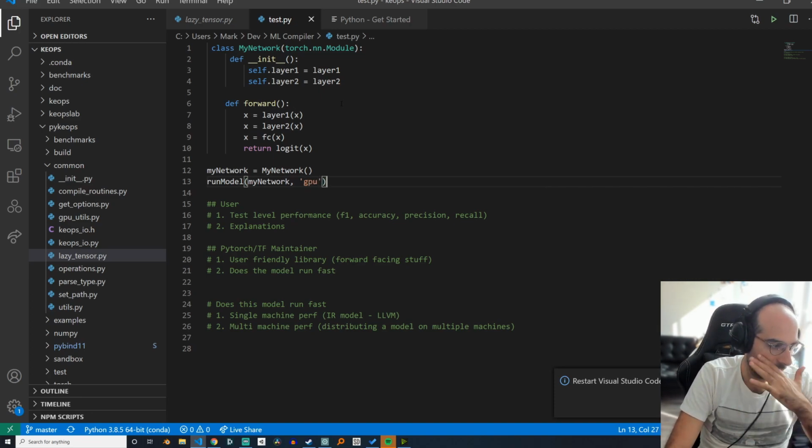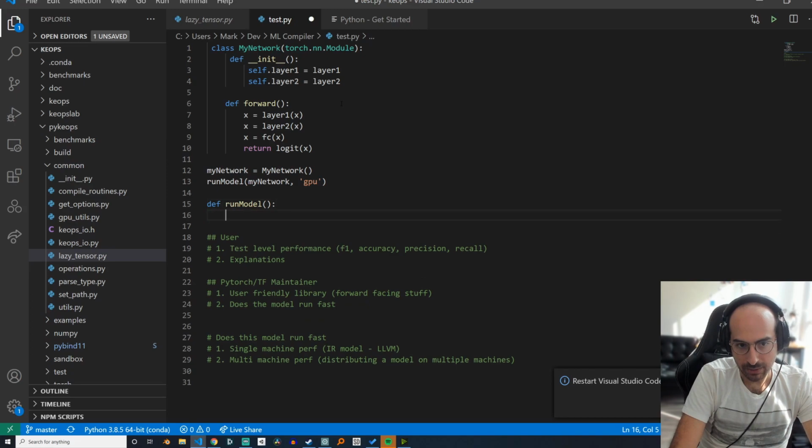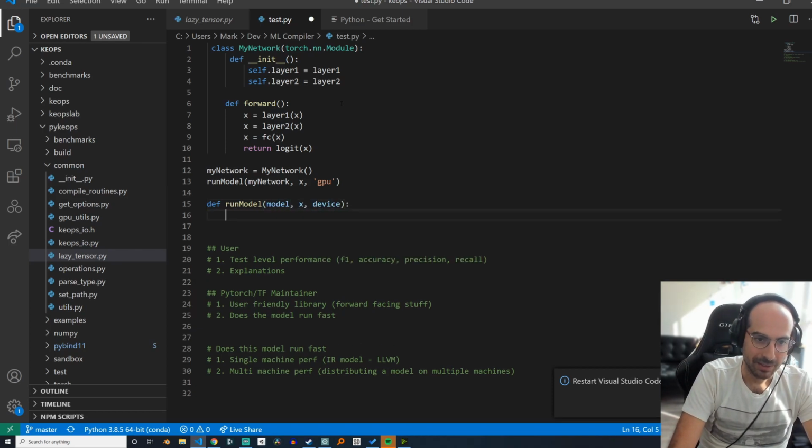But what's involved in a function like this? If we were to unpack this a bit, then what run model would do is say something like, it has the network and then it has the input X, and then the input is going to be model X device. So this is what it's typically going to look like.